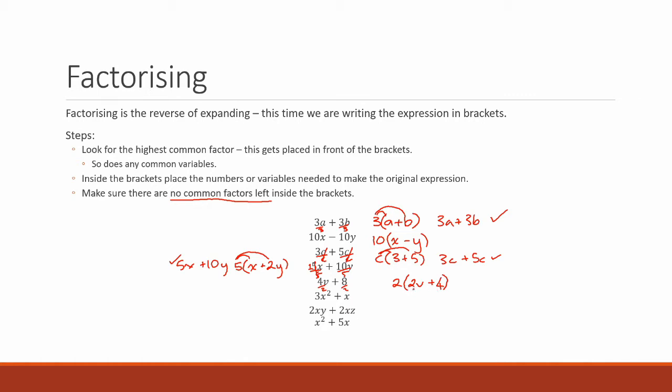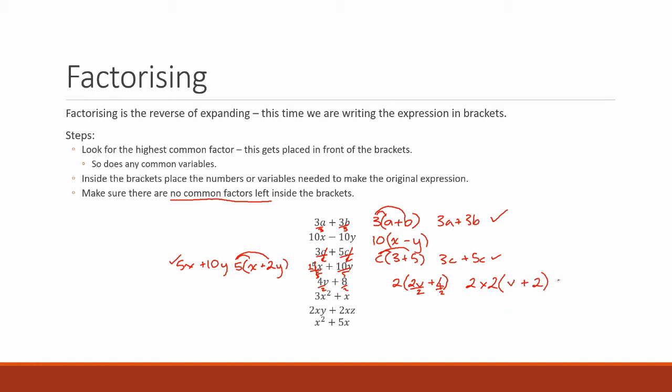So if I was unsure before, if I want to just keep following this method, well, I could, of course, divide out that 2 again on this side. So now this 2, remember I'm dividing it out so it becomes a multiplier in the front here. So now I'm going to have 2 times 2 in front of the brackets, and then I'm going to have a v plus 2.